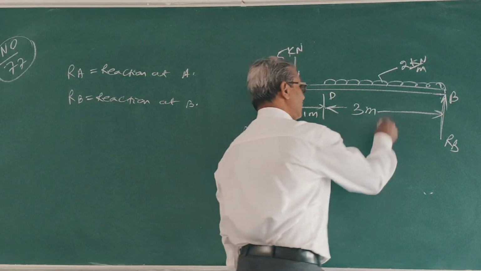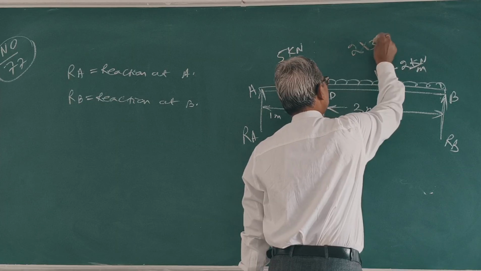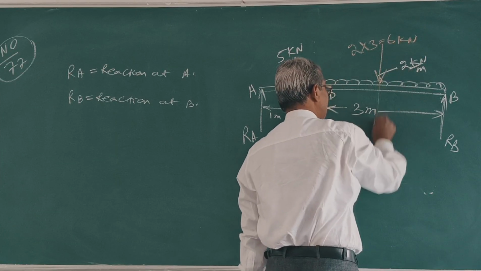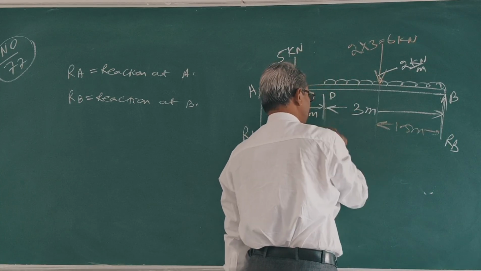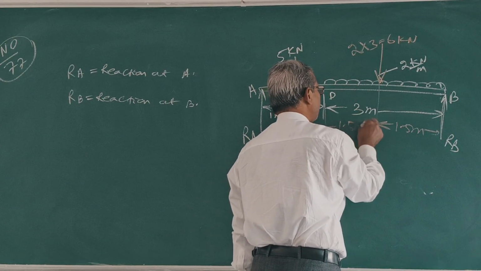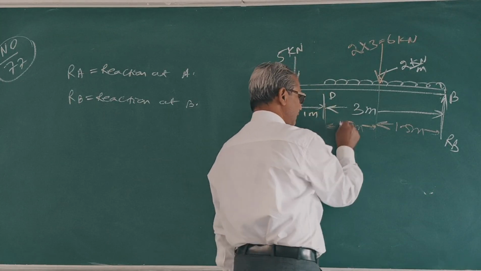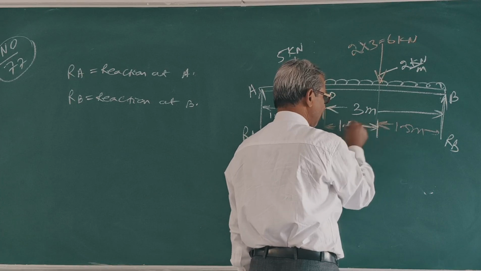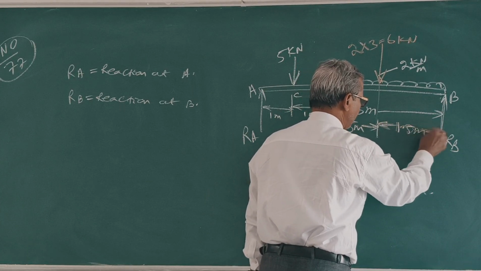This is 2 into 3, 6 kilonewton. What is this length? 1.5 meter. This is 1.5 meter.